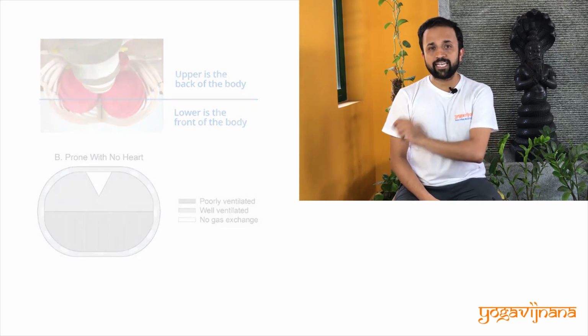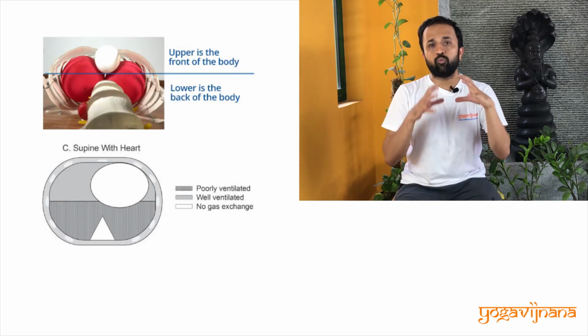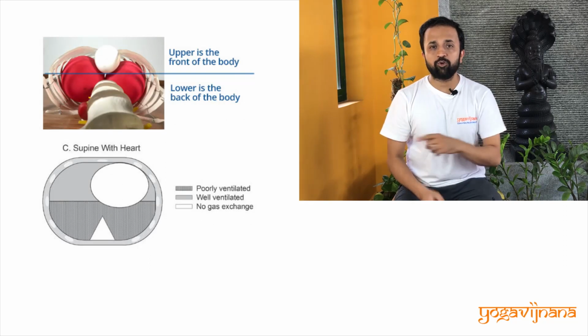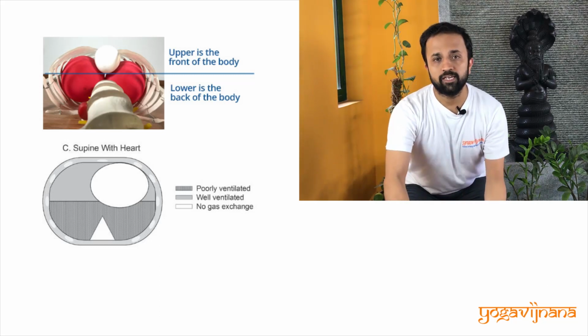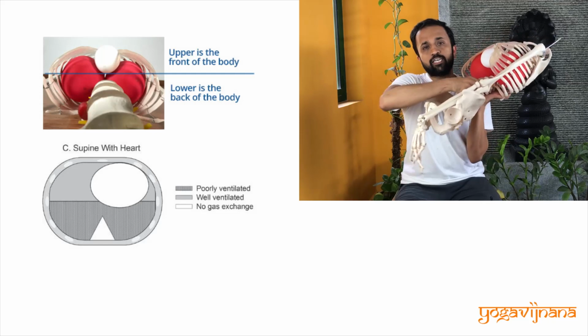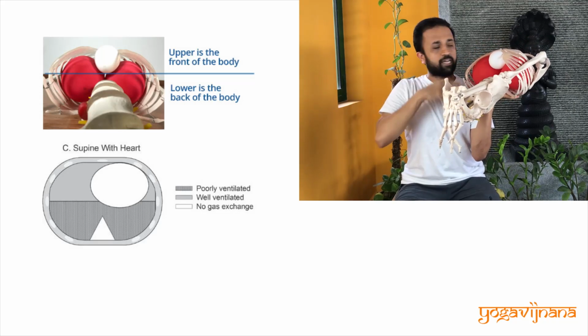In the next image I am going to show you the supine position with the heart. The heart, you can see, has a hole in the middle, because as I showed you in this structure, the heart is occupying the upper part of your thoracic space.